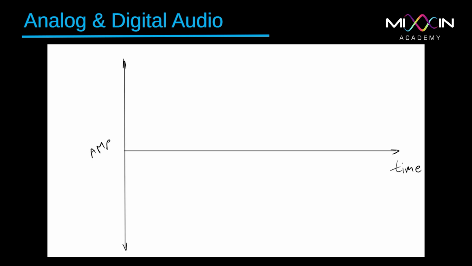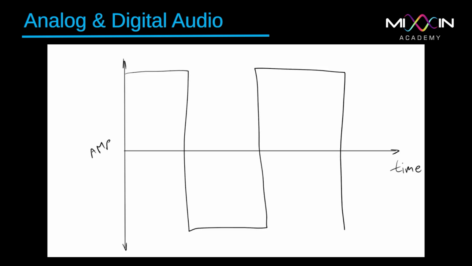Now, aside from sine waves, we also have other waveforms. If we looked at the most common and most basic sound waves we have, we could see that we have, let's say, a sine wave, and then a square wave, like that.